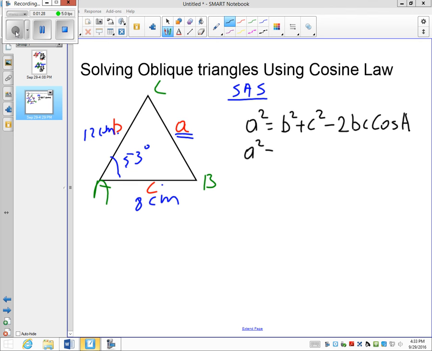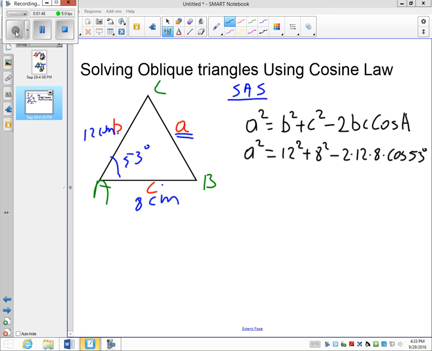A squared, side B we said is 12 centimeters. Side C is 8 squared minus 2 multiplied by 12 multiplied by 8 multiplying cosine of 53 degrees.